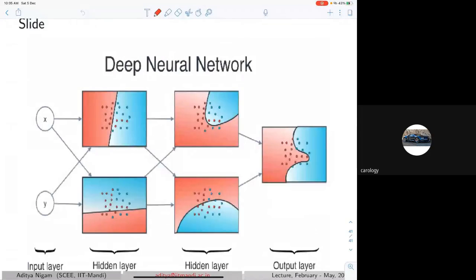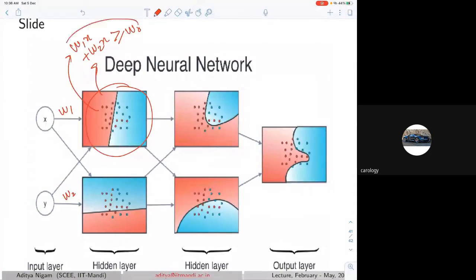Actually, I assume that in the first lecture, Katie must have covered this stuff, but I'm rephrasing it. What is this neuron learning? This neuron is learning W1 and W2, right? So this is going to get W1x plus W2x greater than or equal to W0 for the bias.